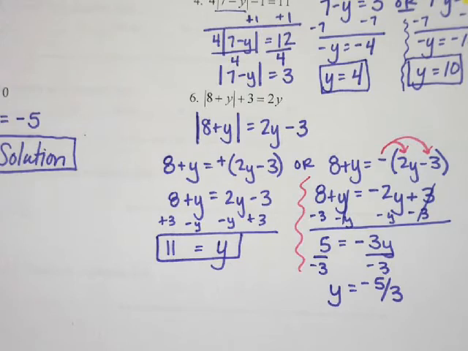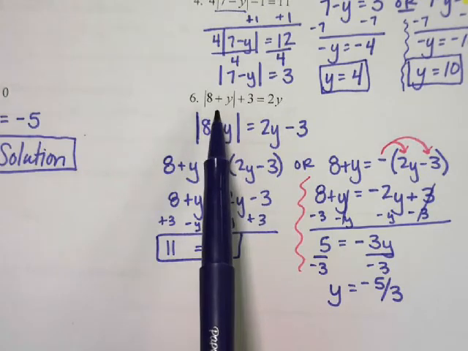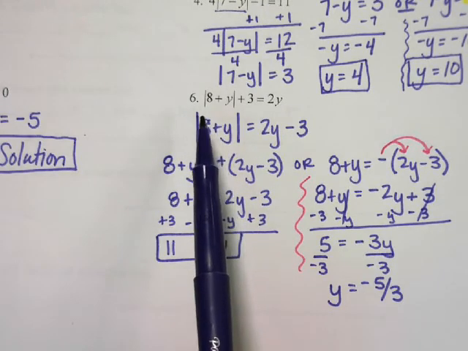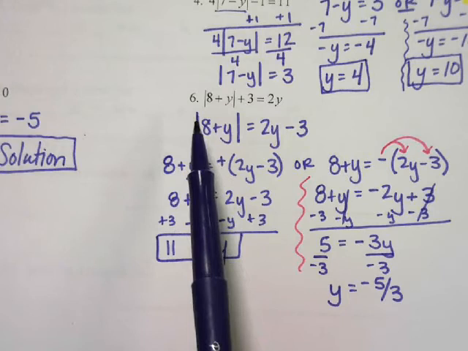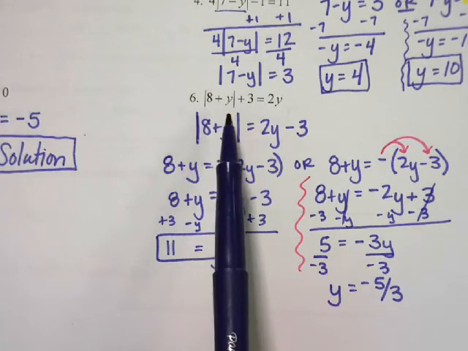Okay, when we go to check that, that's kind of a gross thing to check, right? Negative 5/3. When you check them, you don't necessarily have to do all of the algebra to check them, okay? We can logically think through this guy. So, no matter what number I put in for y, say I put a negative 5/3 in there, when I add 8 to it and then take the absolute value, is that positive or negative?